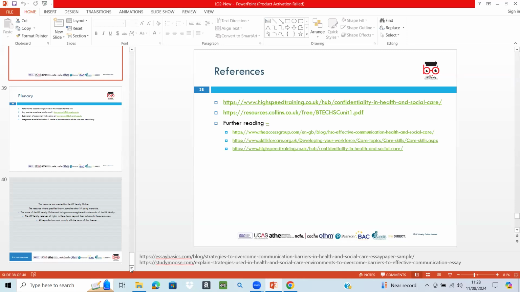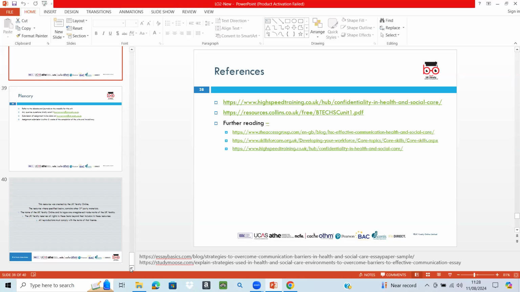We discussed verbal communication, non-verbal communication, and written communication. We learned how to convey clear and accurate messages that can impact the service user outcome.